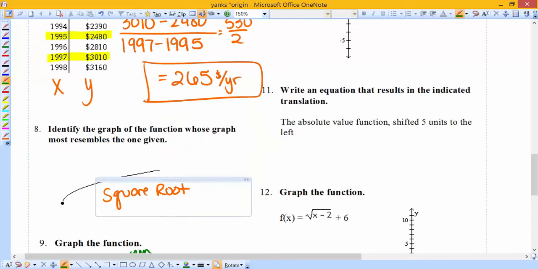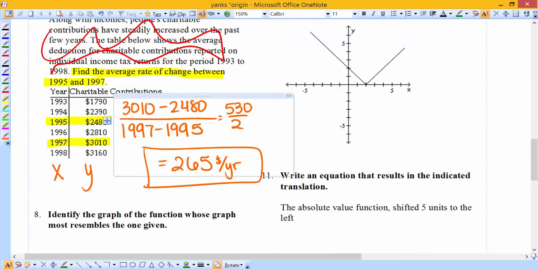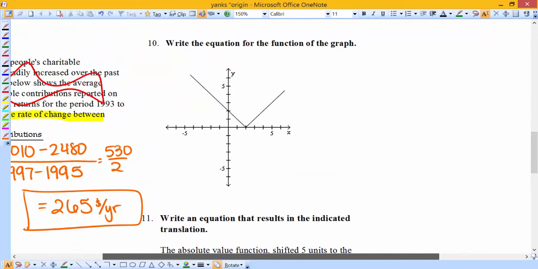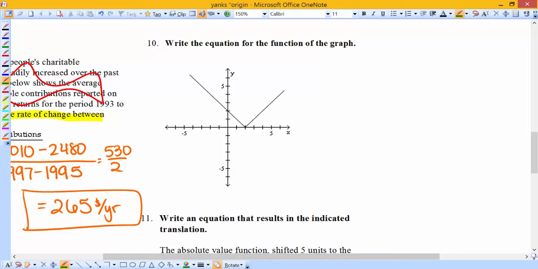All right, number 10. We're almost done, guys. Number 10 wants you to write the equation of this graph. First, you have to recognize that this is an absolute value function.